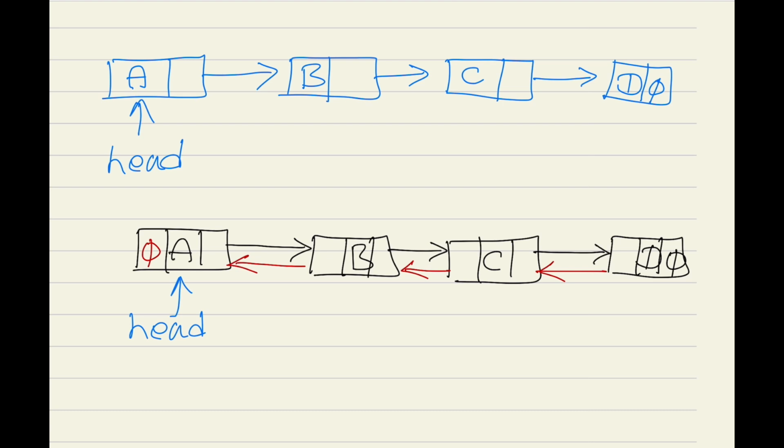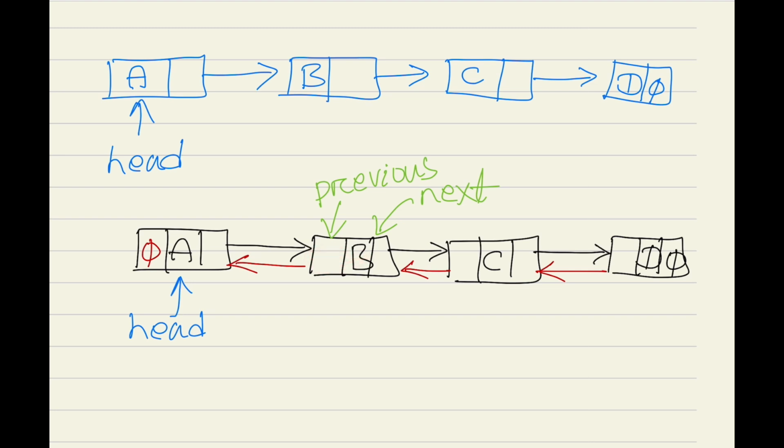Here you can observe this link refers to the next node and this link refers to the previous node. Similarly, this one is the link to the next node and this one is the link to the previous node. Now, for each node we have two links or two references, one for next, another for previous.